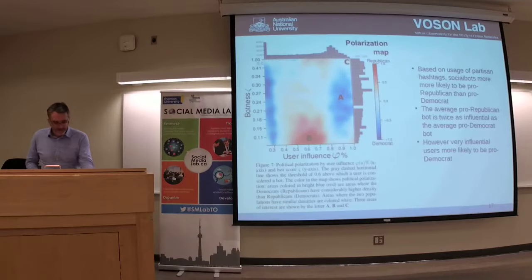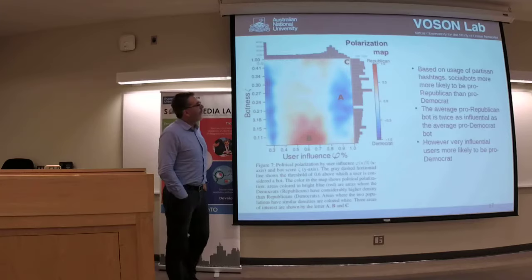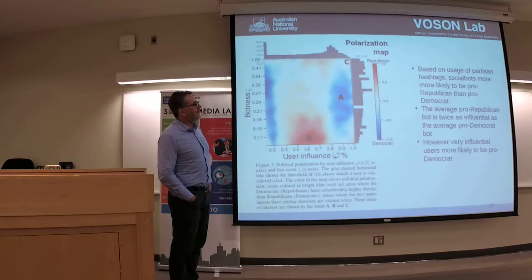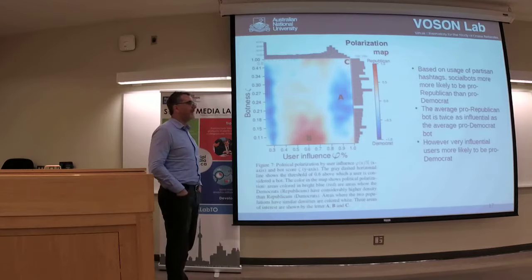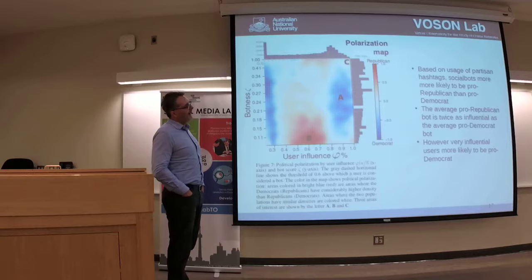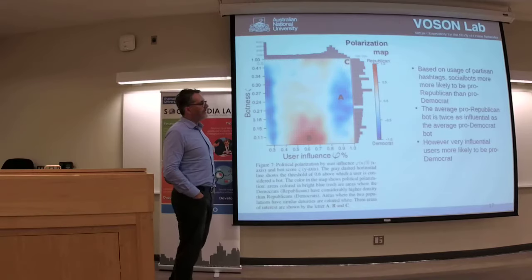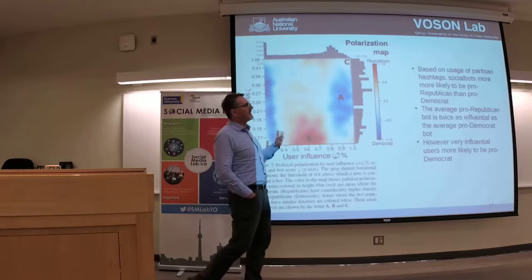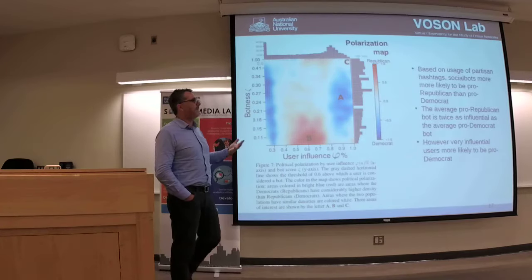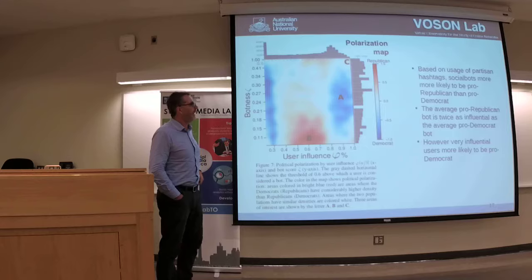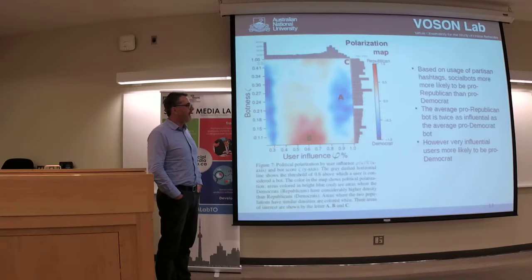So getting on to the actual results, what we found was that based on usage of partisan hashtags, social bots are more likely to be pro-Republican than pro-Democrat. Based on this partisan hashtag approach to classifying users, the bots appeared to lean towards the Republican side.